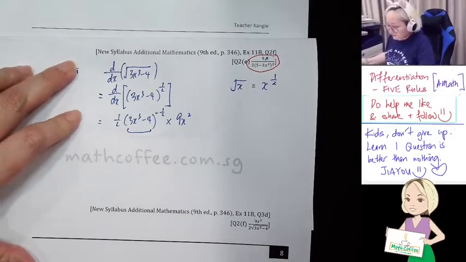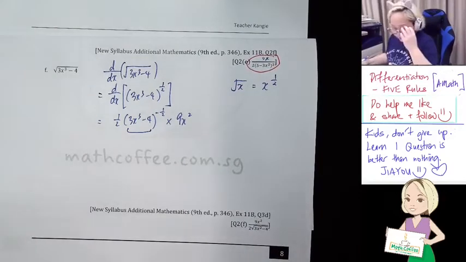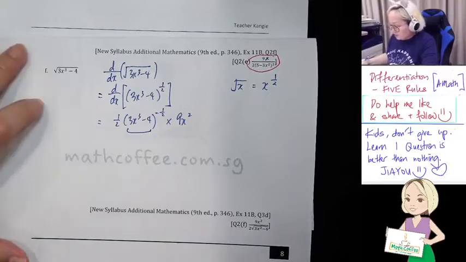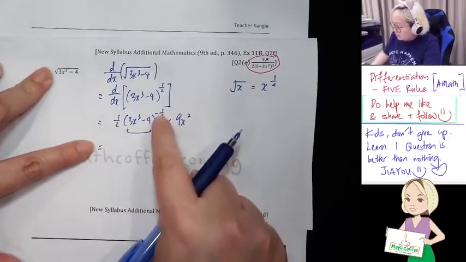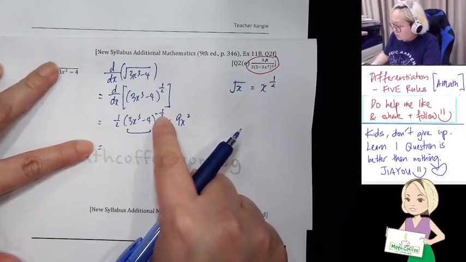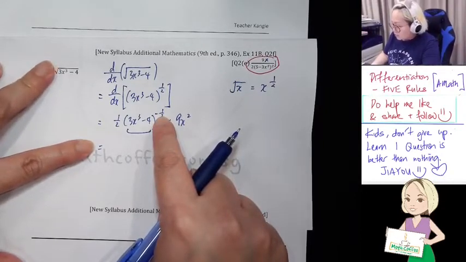Congrats for getting an A1 for both E-Math and A-Math. O level results today. Okay, so then let's continue. B3 for E-Math, not so bad already.